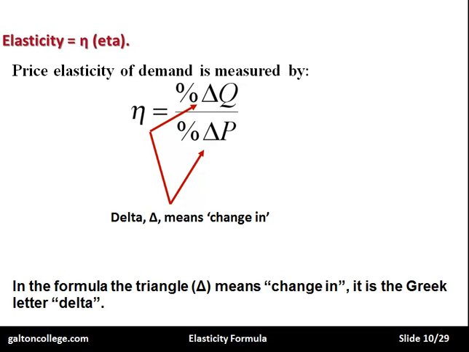So that's all we need to know about the formula. It looks quite mathematical, but it's not actually complicated. Elasticity of demand is equal to the percentage change in quantity divided by the percentage change in price. And we represent the change in as a delta, a little triangle.